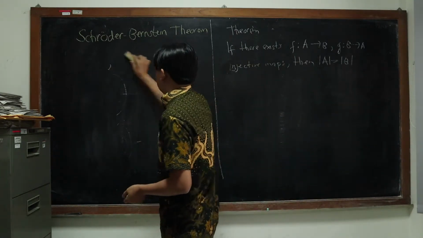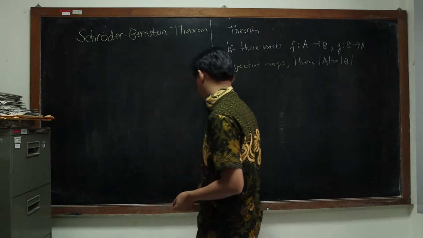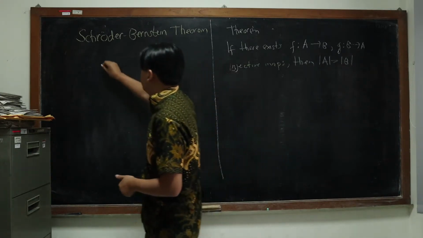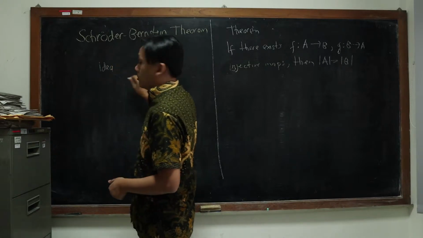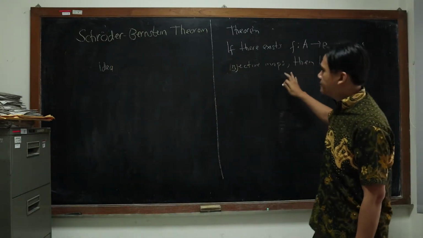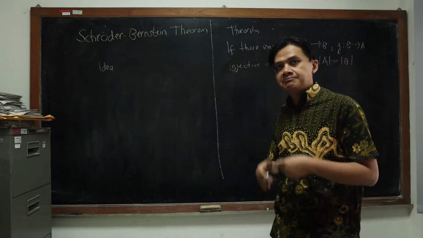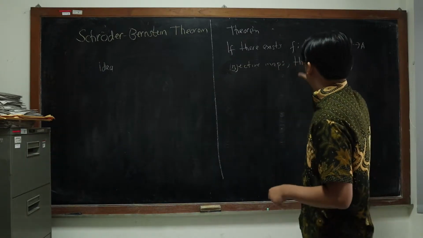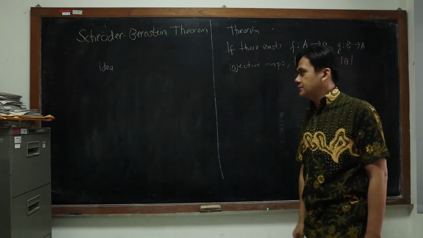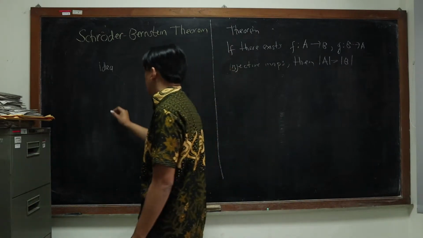So that is the idea. Let me repeat again. In order to prove this, we need to find a bijection from A to B, right? So let's call it H.